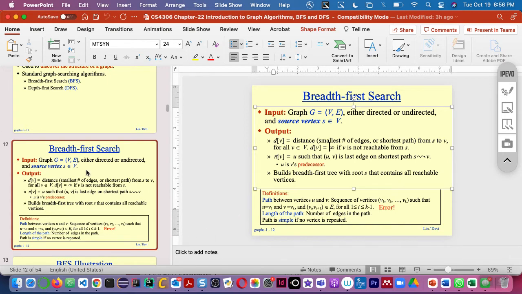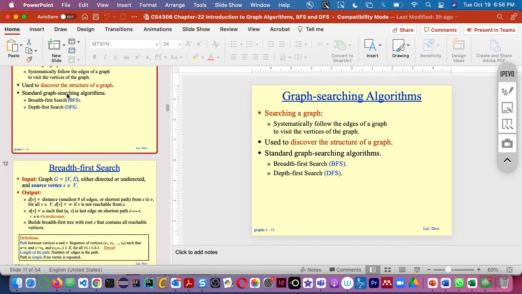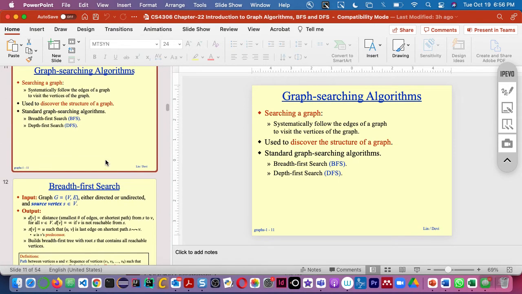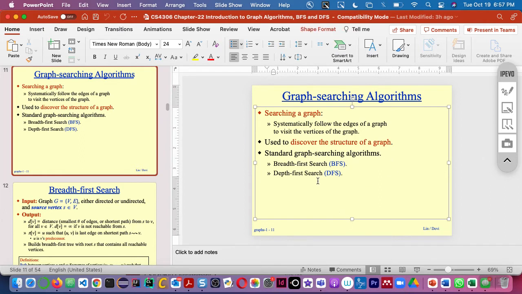Let us see an example. This is breadth first search. In order to understand graph searching, what is the purpose of searching? To search for a specific element, right?